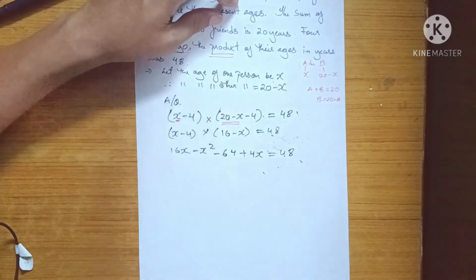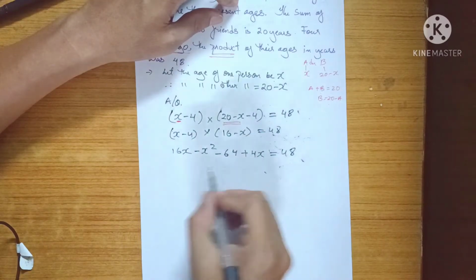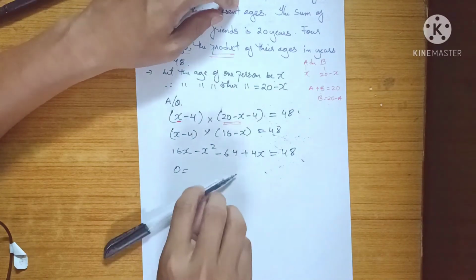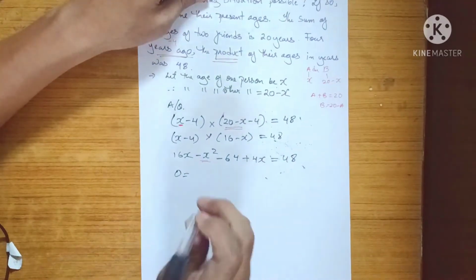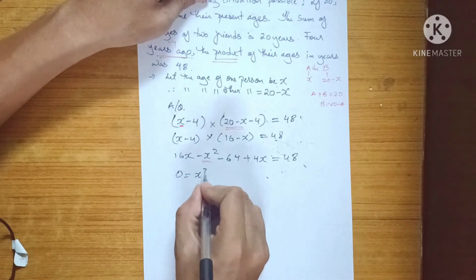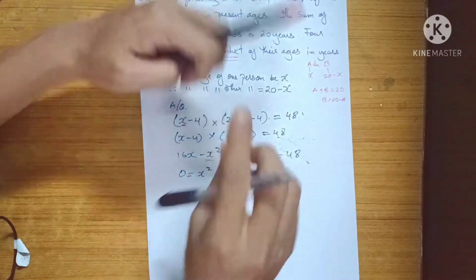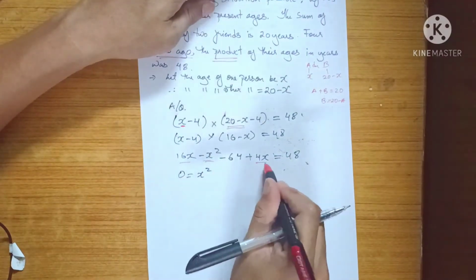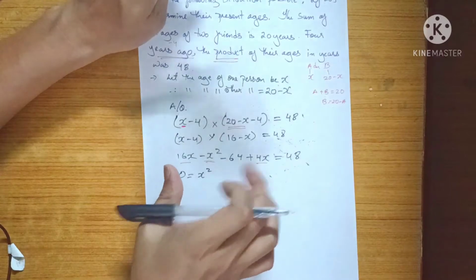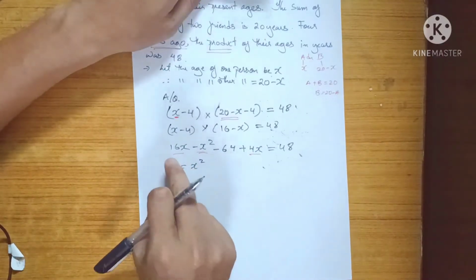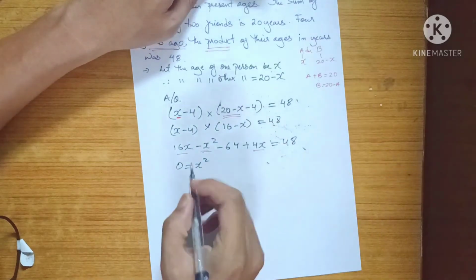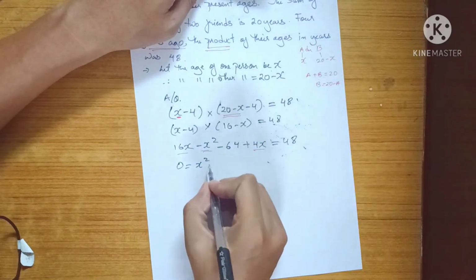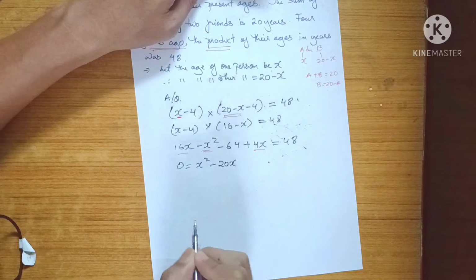Now let's send x squared aside. Since I've already told you so many times that I want x squared to be positive, and since it's negative on this side, I'm going to send it to the other side and make it positive. Now 16x and 4x are the same type, so I can add those two: 16 plus 4 is 20. So it becomes minus 20x, right?